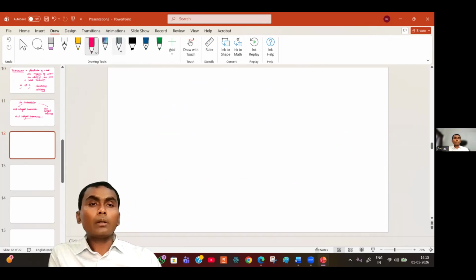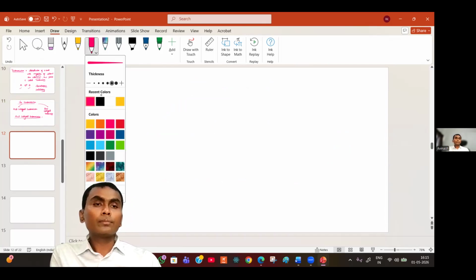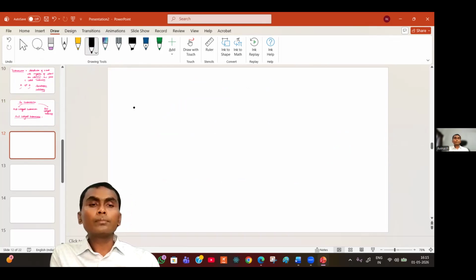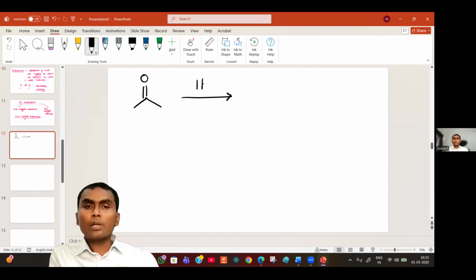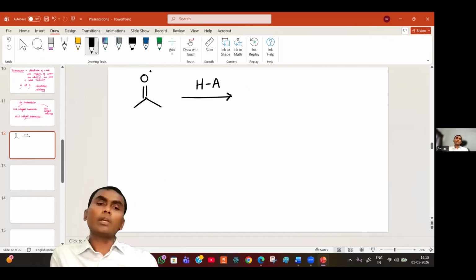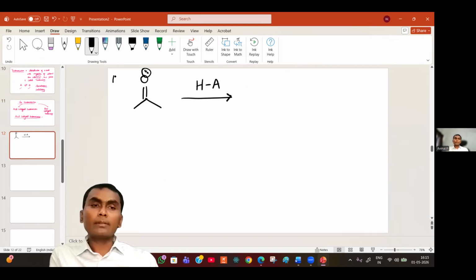The representation of an acid is HA, and this lone pair is an electron-rich species.